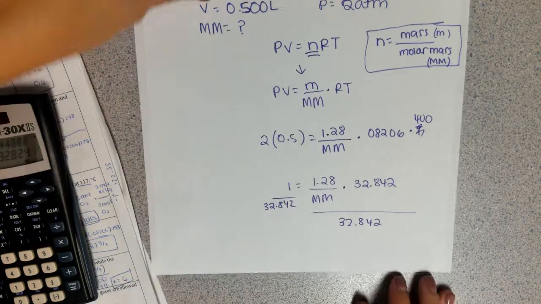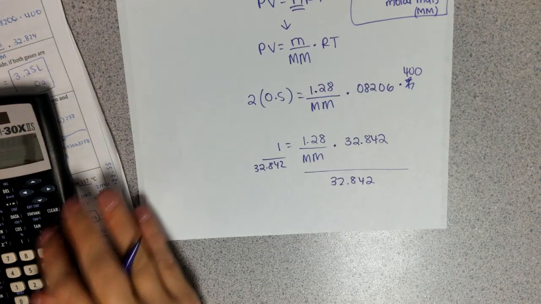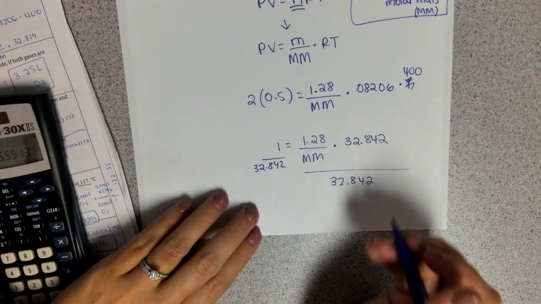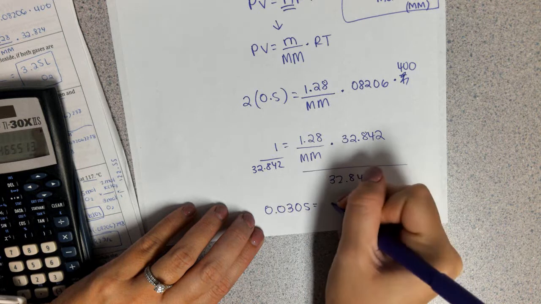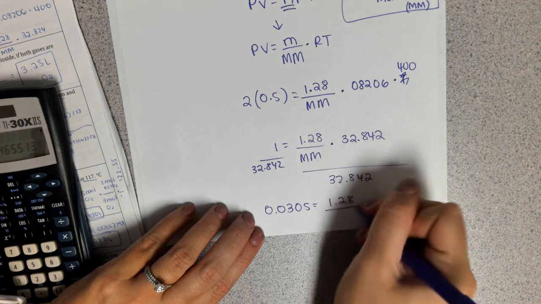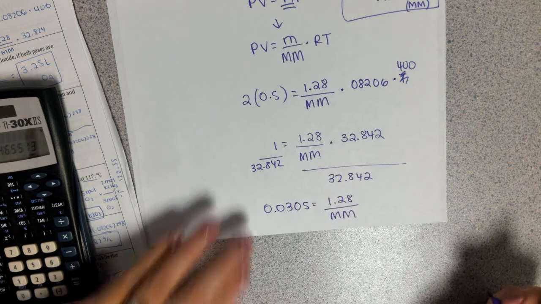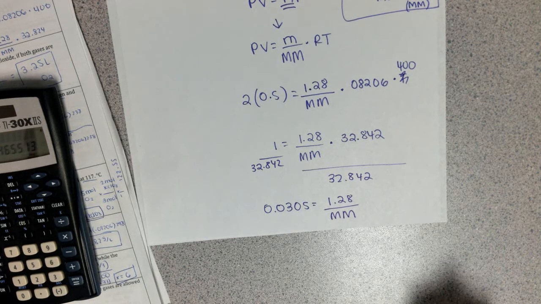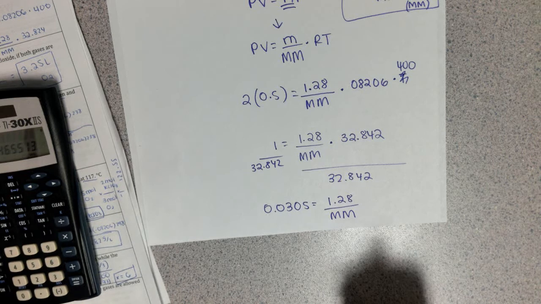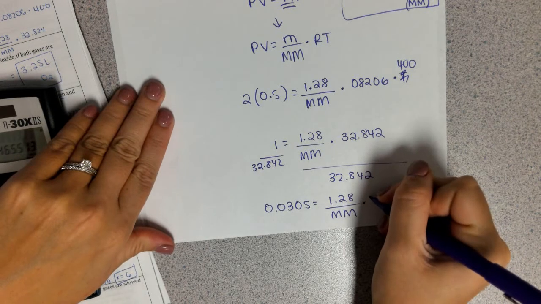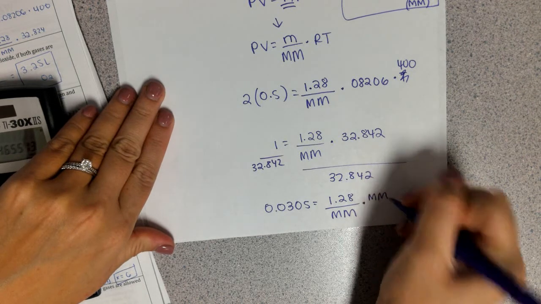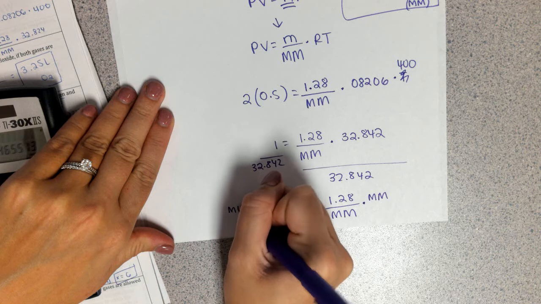Now I have 0.0305 equals 1.28 over MM. Now algebraically, I hope you know to flip it around, or if you can't remember, go old school. We need to solve for MM, so multiply MM on both sides.